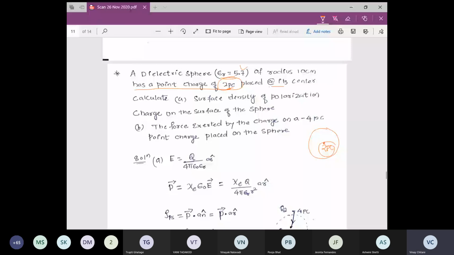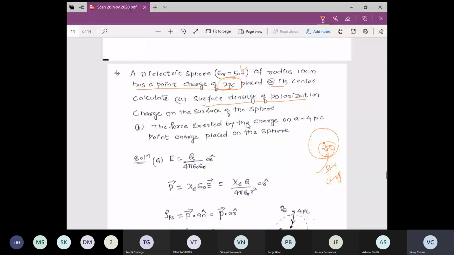This is very interesting; you should really remember, make a note of this one. This 2 picocoulomb which is placed at its center is actually a free charge. Calculate the surface charge density of polarization on the surface of the sphere.